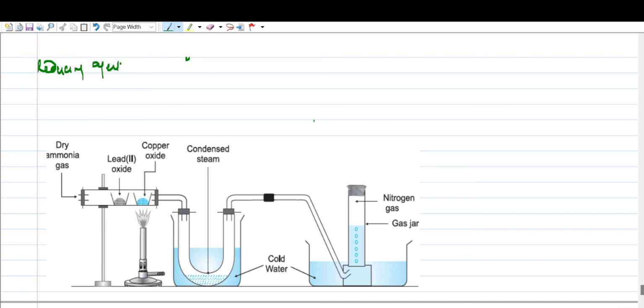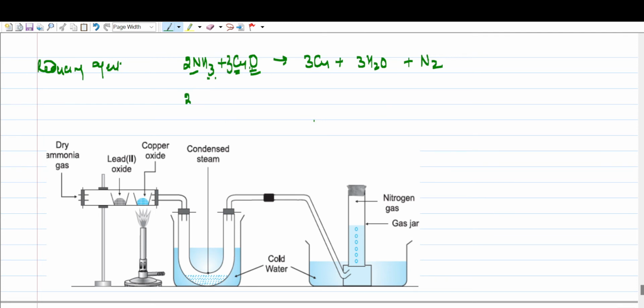So ammonia gas combines with copper oxide, this takes oxygen, and it breaks into nitrogen and hydrogen, and oxygen will form water and metal is left. So you will get 3 copper plus 3 water plus nitrogen. So this is the reaction.